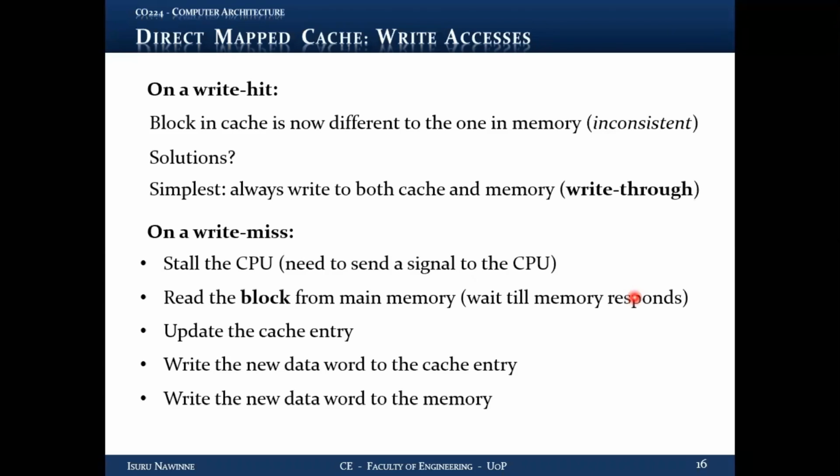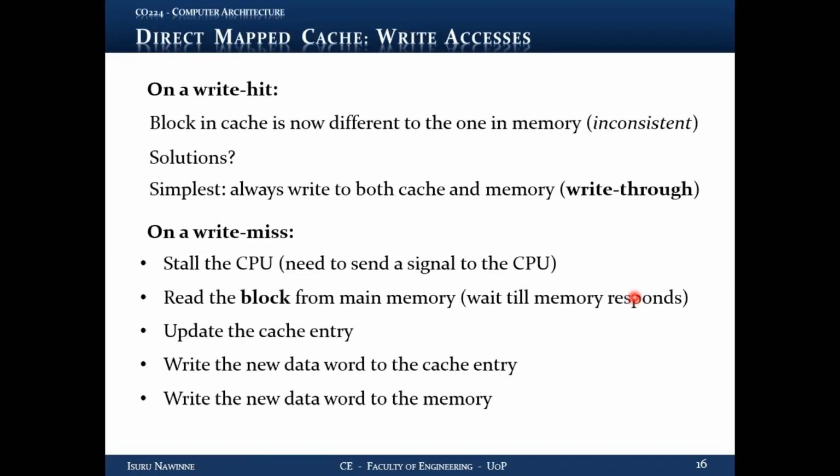Now, what happens if this is a miss? Then we have to do something like we did in the read access. We need to ask the CPU to freeze for a while, go to the main memory and fetch this missing block and wait until the memory responds.